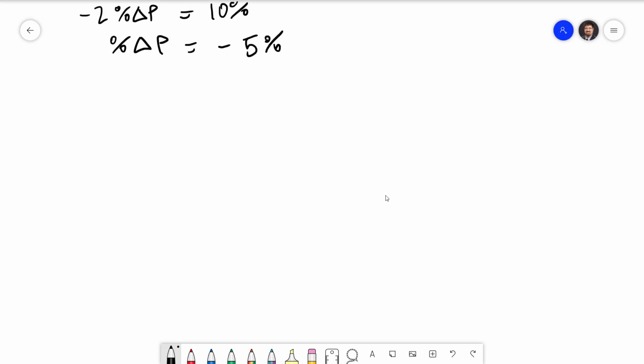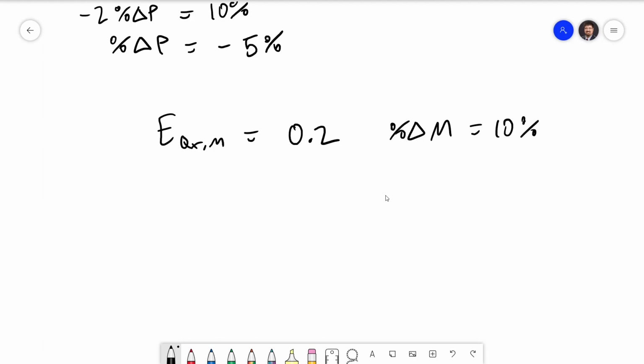Let's do one more. Suppose we know that the income elasticity of demand is 0.2. Now suppose we think that the percent change of income is going to be 10%. That is, we expect that income is about to go up by about 10%. We want to know what's going to happen to the sales of the product, and so we can plug all these in to the elasticity equation.